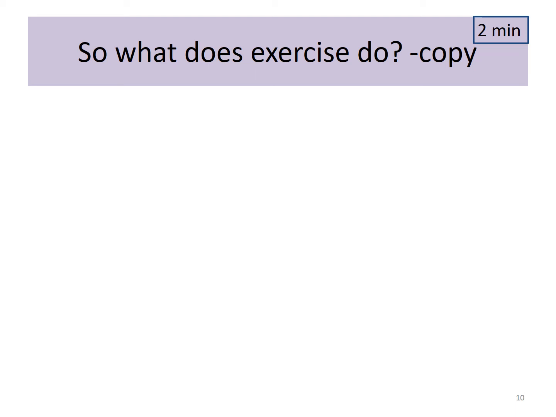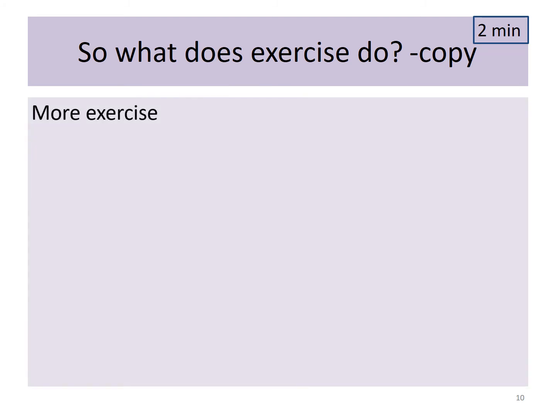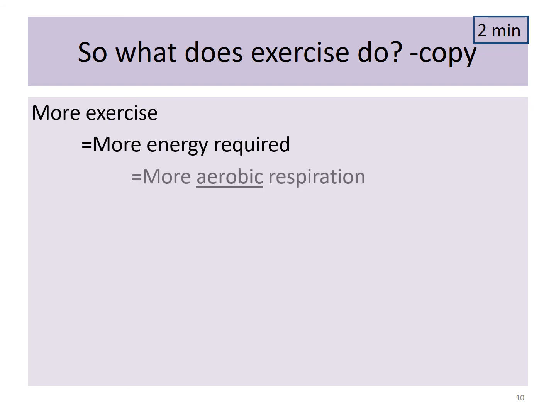Okay, so let's bring it all together. Let's have a look at what exercise does and bring all the information together. If you do more exercise, what's going to happen? You're going to require a lot more energy. And if you require a lot more energy, you're going to need more aerobic respiration, which is the reaction that is going to give you that energy.